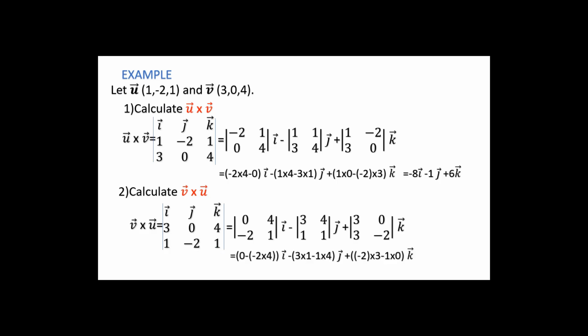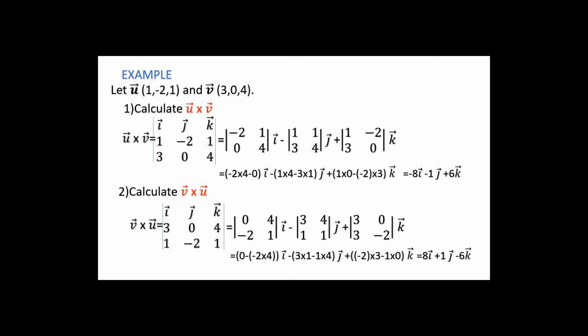So minus 2 times 4, minus 8, minus times minus plus 8, so plus 8 vector i, plus 1 vector j, minus 6 vector k.